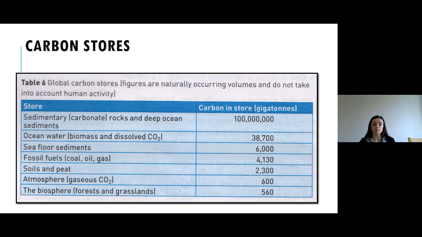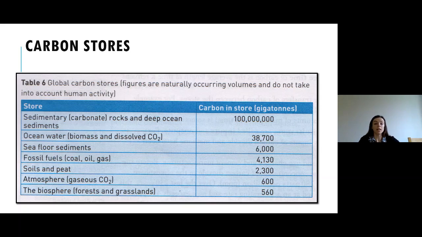For instance, the atmosphere naturally contains 600 gigatons of carbon, but as a result of human activity, for example, burning fossil fuels and deforestation, this figure has actually increased to more than 800 gigatons. Okay, so I want you to quantify when you are talking about different carbon stores and different pathways, etc.